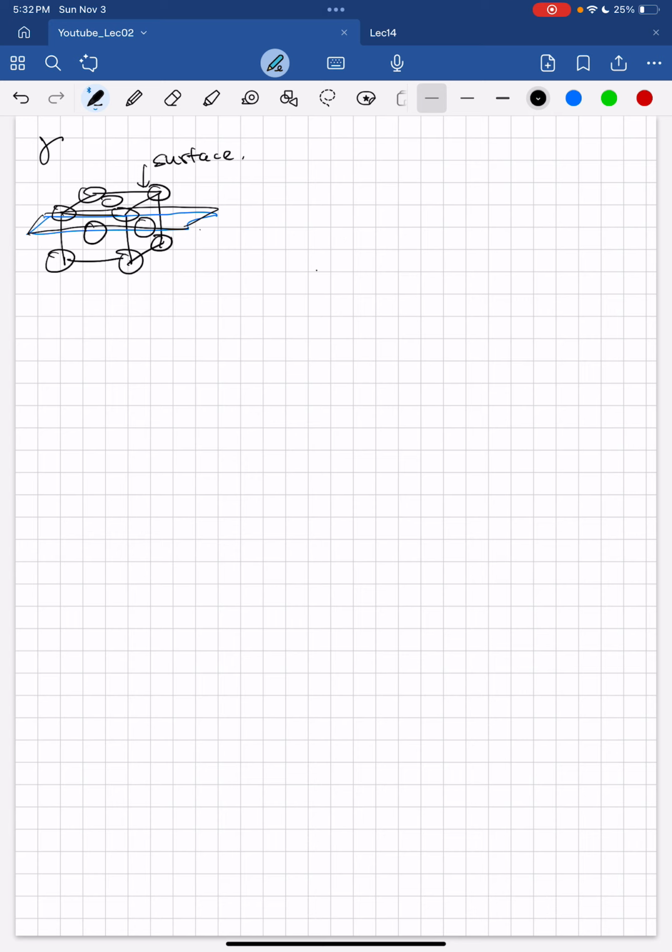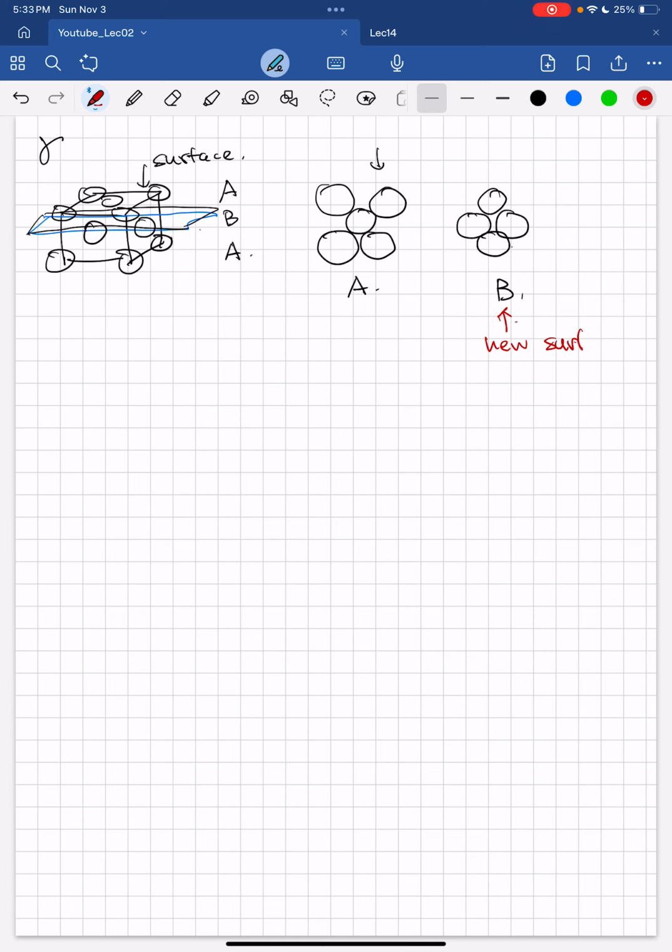Now, as you already learned, in top view it looks like this, right? In bottom view it will be sitting on top of these four. So let's call it A, B, A, then this is A, this is B, right? So you want to make B. This will be your new surface.